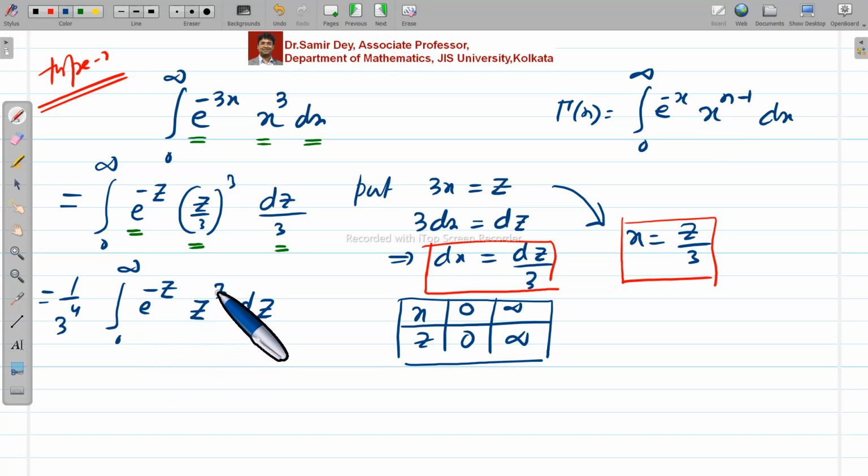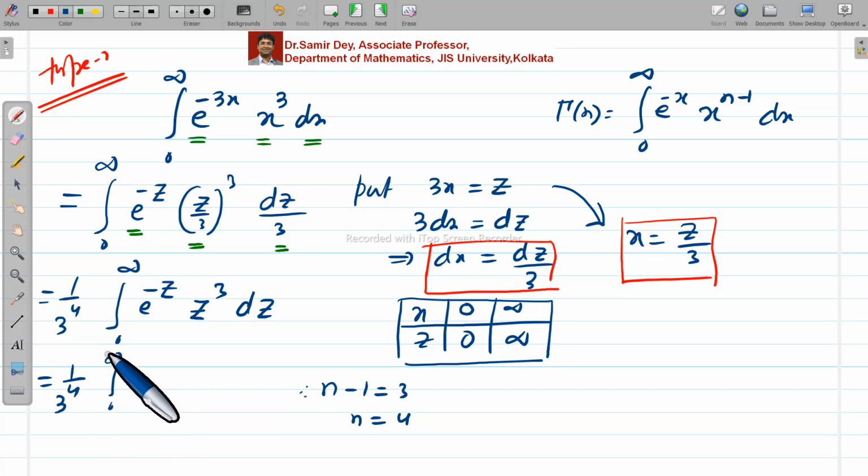Okay, so what is n minus 1? n minus 1 is equal to 3. So from here you may write n is equal to 4. So here you may write 1 by 3 to the power 4, integral from 0 to infinity of e to the power minus z, z to the power 4 minus 1 dz. So from here you may write 1 by 3 to the power 4 and gamma 4. Is it clear? Gamma 4.